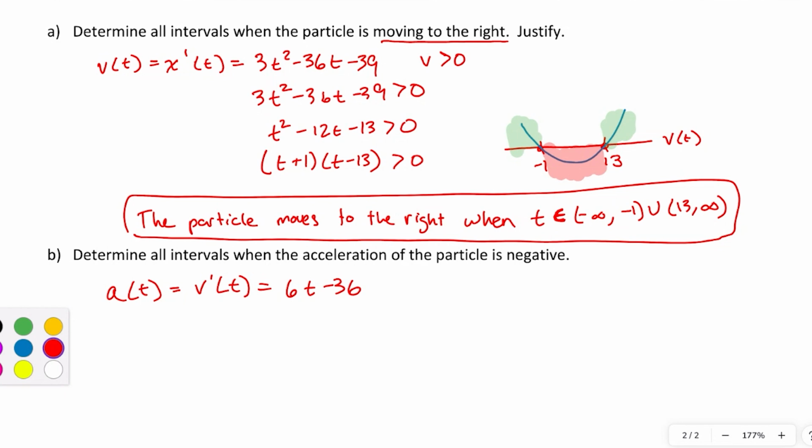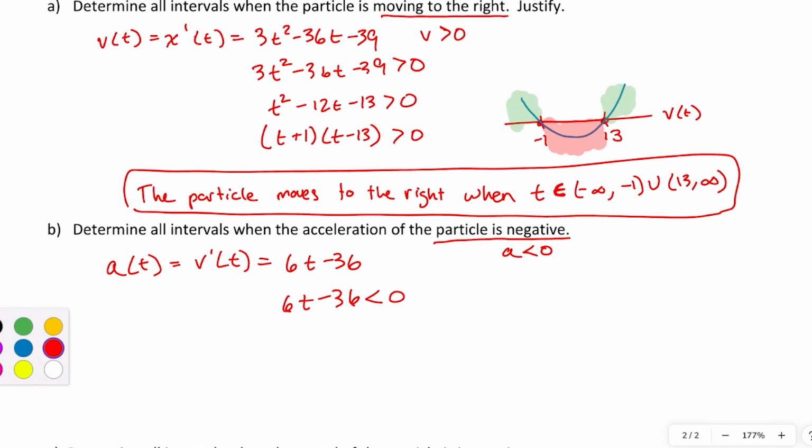So yeah, we want to know, when is the acceleration negative? So we're looking for where a is negative. 6t minus 36, when is that negative? Okay, so adding 36 to both sides and dividing by 6 is going to give us t is less than 6.